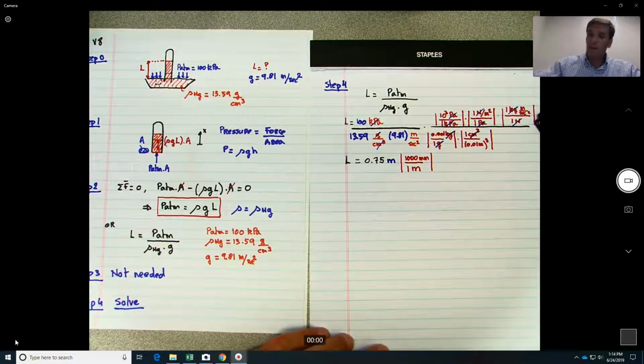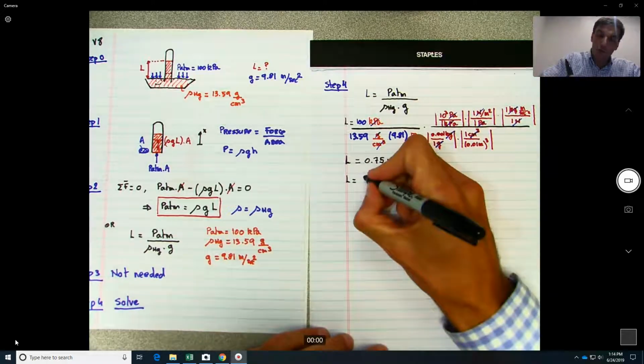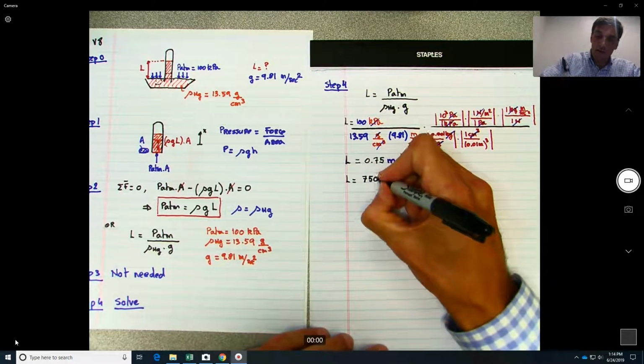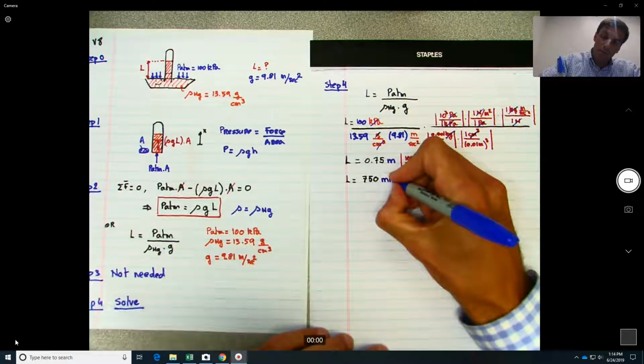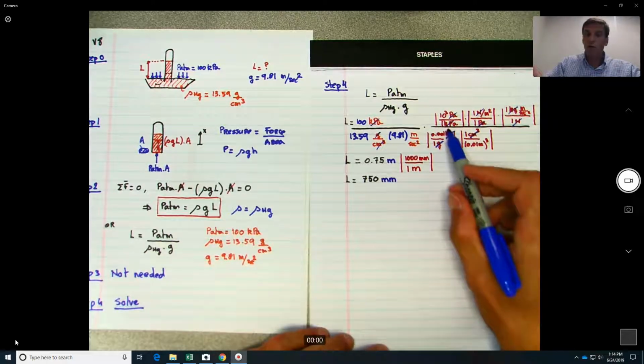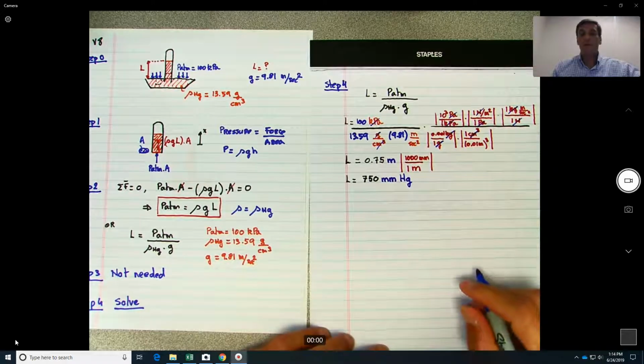So at the end, we'll have that L will be equal to 750 millimeters. And because the density is the one of the mercury, we say 750 millimeters of mercury.